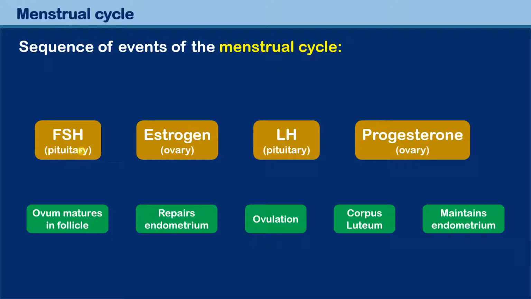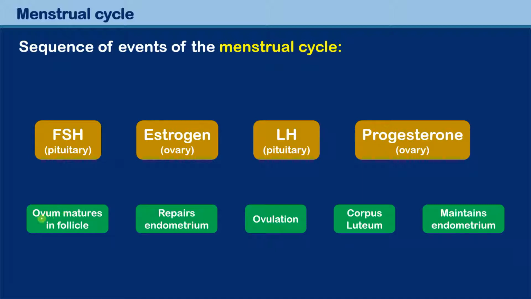It is produced by the pituitary gland in the brain and is transported over the blood, of course, because that's how hormones are transported. It's transported over the blood to the ovary, and there it causes a maturing of a follicle and an ovum inside the follicle.